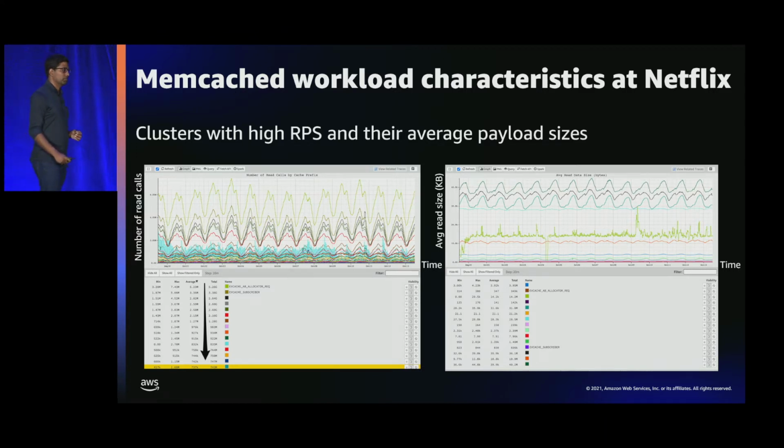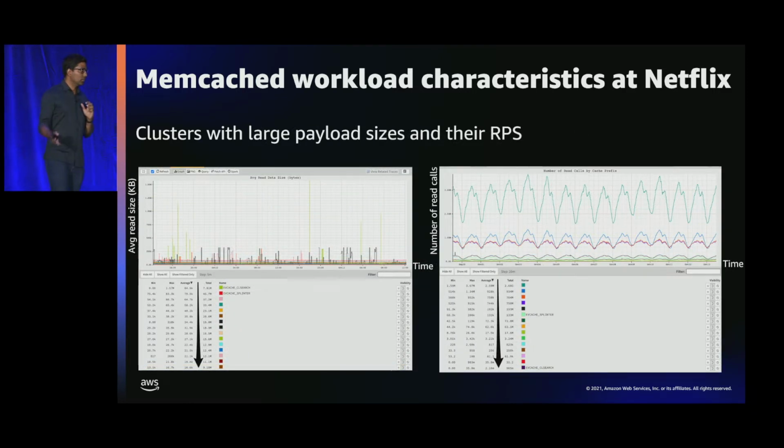This helps us understand that if the payload sizes are small and the RPS is high, it's a good idea for that data to reside in memory most of the time. This will also help us provision the clusters accordingly, like picking what kind of instance type to go with to satisfy the network bandwidth and all of that.